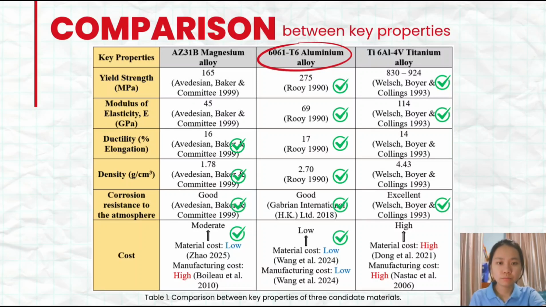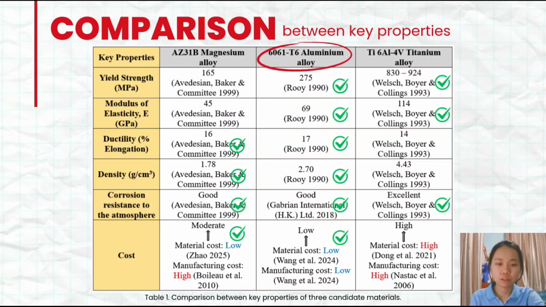For ductility, AZ31B magnesium alloy and 6061-T6 aluminum alloy are preferred because of their moderate and higher values of ductility. For density, as I've mentioned before, the one with lower density is preferred. Therefore, AZ31B magnesium alloy and 6061-T6 aluminum alloy are preferred because of their lower value of density.